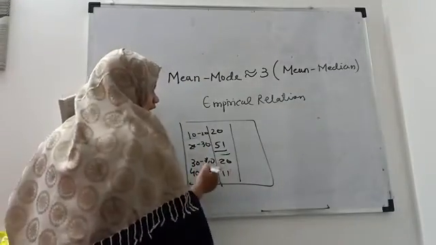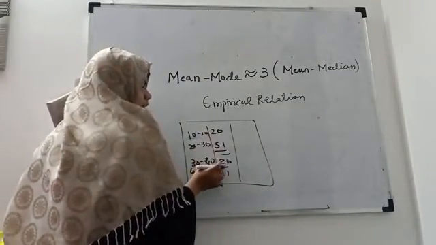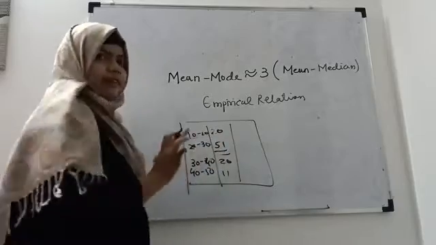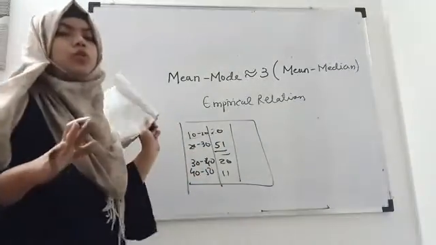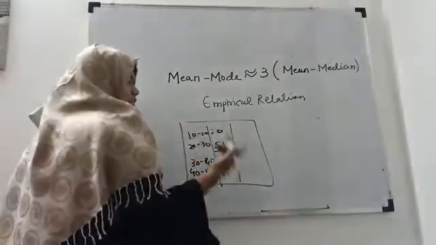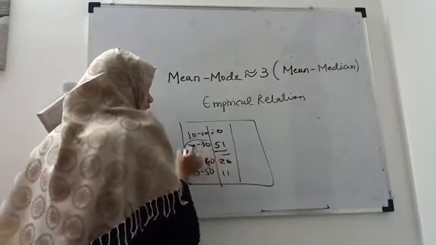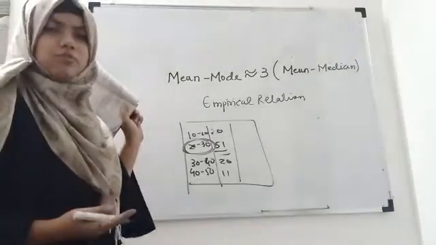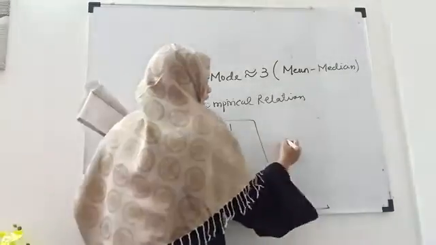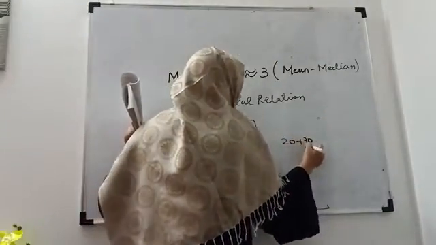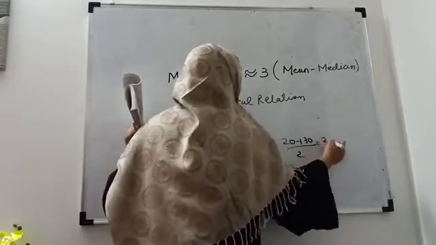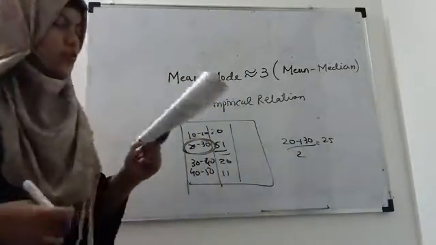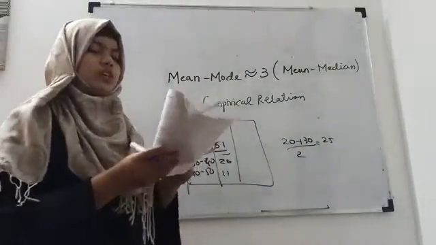The pre-modal and post-modal frequencies are both equal, f1 is equal to f2, so there is no need to go for the formula. The class mark of the modal class will be your mode. What is the class mark? The average. So you take the average, that is 20 plus 30 upon 2, that is 25, which is the mode. So this is about the mode.